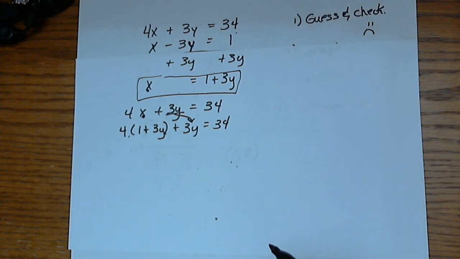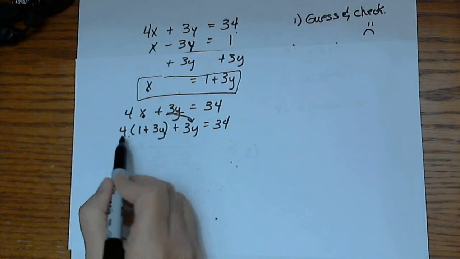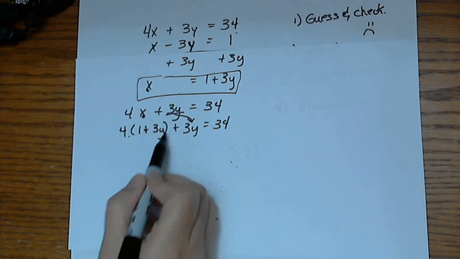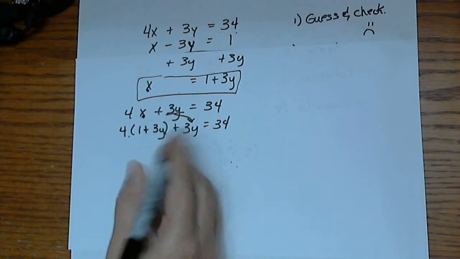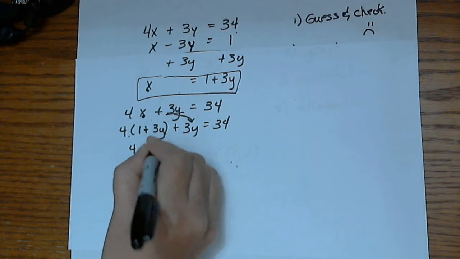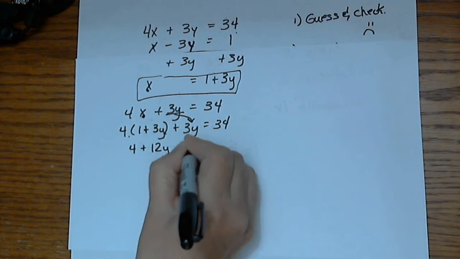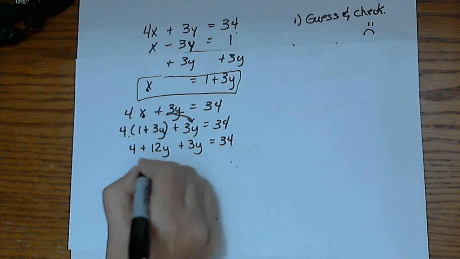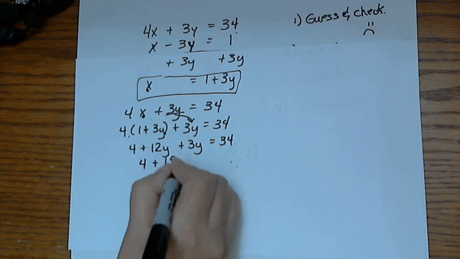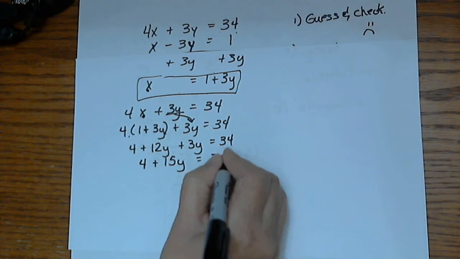The next step is the distribution property. Since 4 is being multiplied by all of this stuff in parentheses, we have to distribute the 4 through the parentheses. So we have 4 plus 12y plus 3y equals 34. Add like terms. 4 plus 15y equals 34.